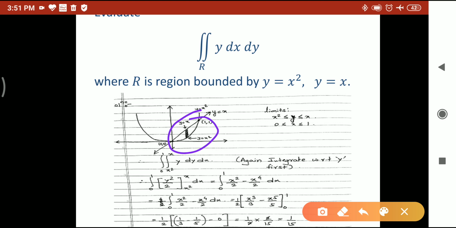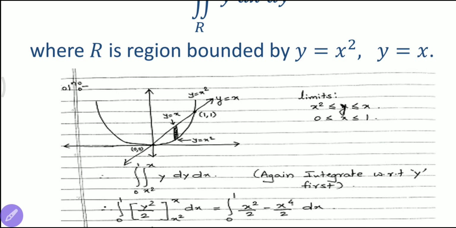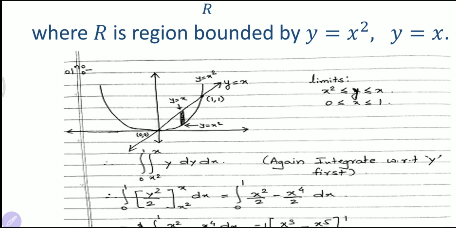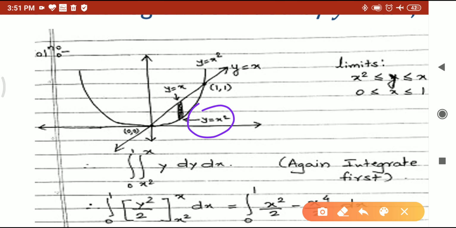That is our particular region R. So here I have drawn a strip parallel to the y-axis. If you observe, the lower end of that strip will give the limit of y as x square, because it is on this parabola, and the upper end is on this line, therefore y is equal to x there. So limits of y will be from x square to x.